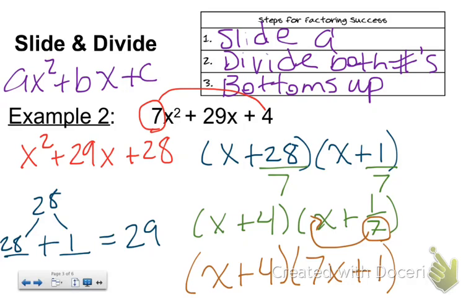And now again, I should multiply it back out just to make sure. 7x times x does become 7x squared, plus 28x plus 1x is plus 29x, and then 4 times 1 is 4. So I know that it's correct. So slide the coefficient of the x squared, divide both numbers, and then bottoms up.